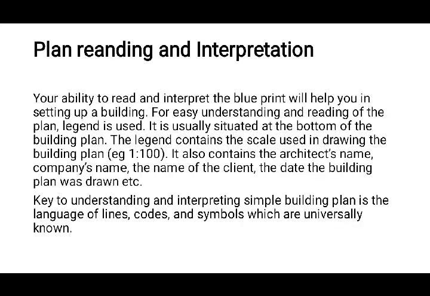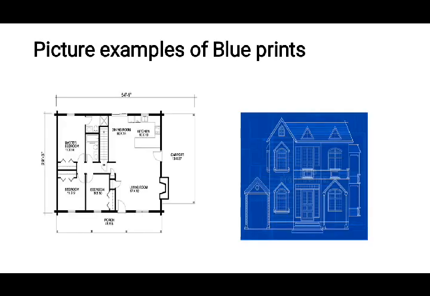In order not to waste more of our time, there are keys to understand and interpret simple buildings of the language. The keys are lines, codes, and symbols, which are universally understood by builders and engineers. When we get to class, I will explain and teach you how to read the blueprint.